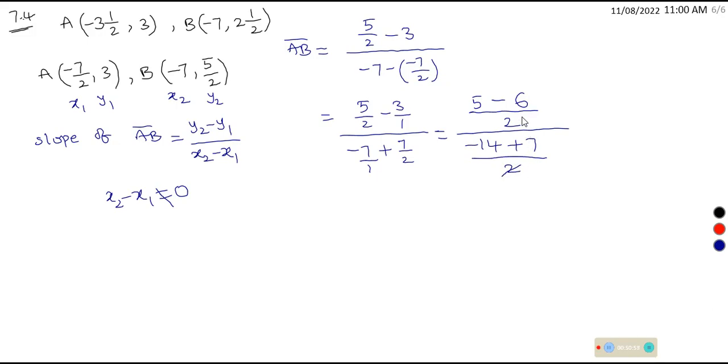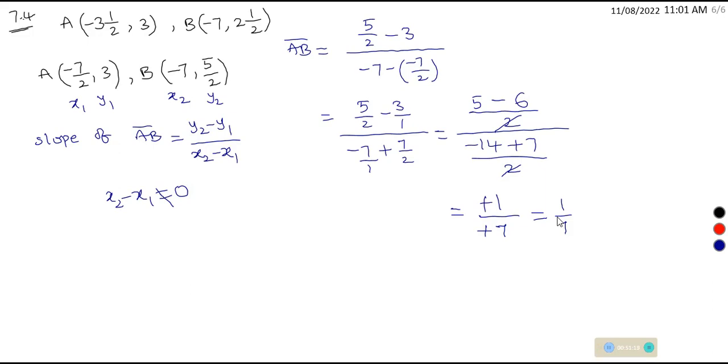These 2s are cancelled. For the numerator, 5 minus 6 is minus 1, and in the denominator minus 14 plus 7 is minus 7. So minus minus cancel, and 1 by 7 will be the slope of the given points.